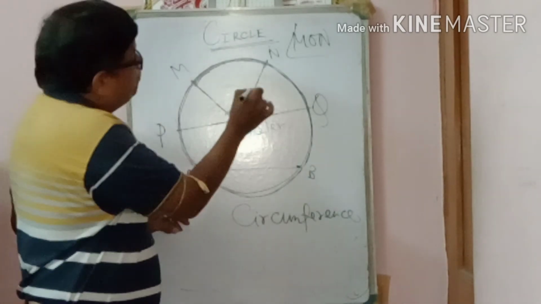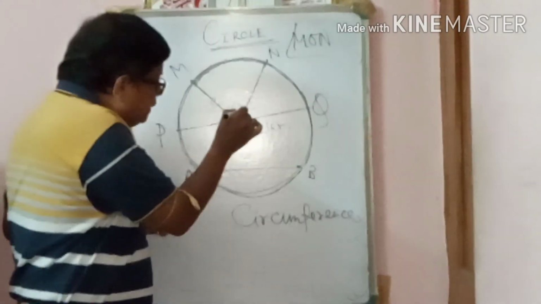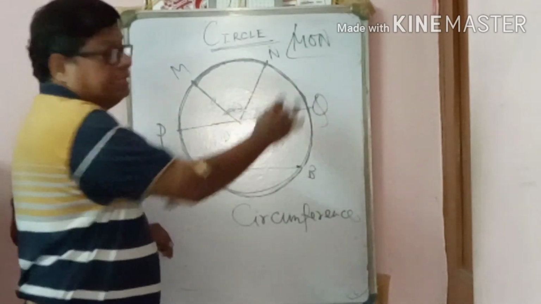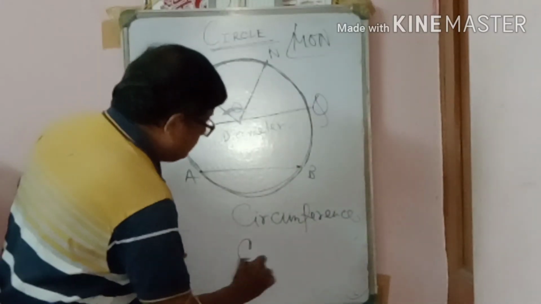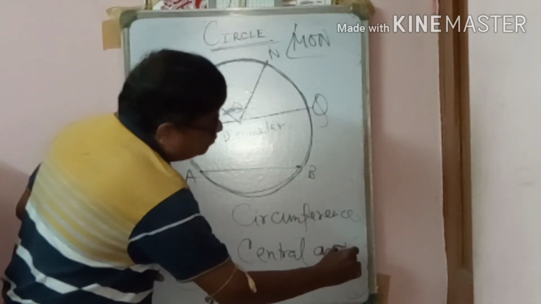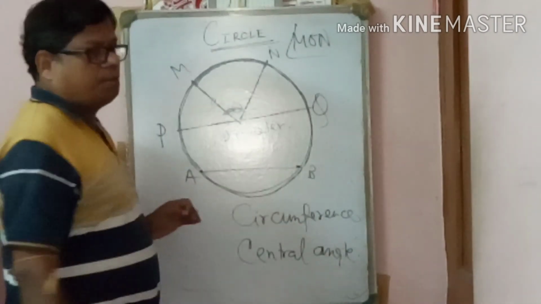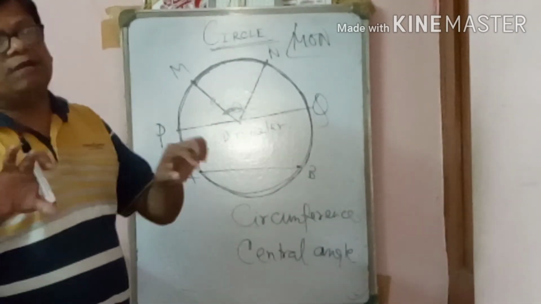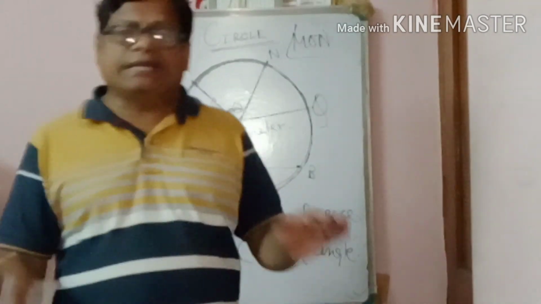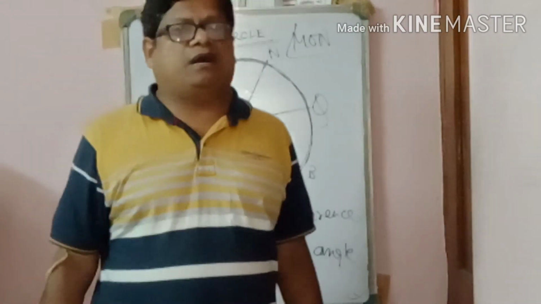See, both the radii are equal. So this angle is known as the central angle, or angle subtended by an arc.